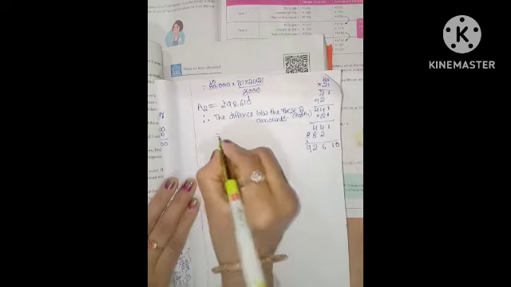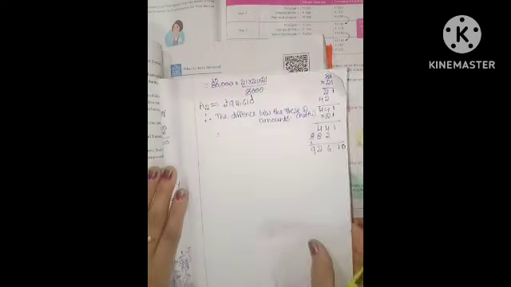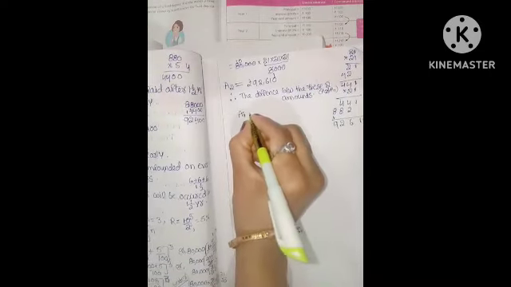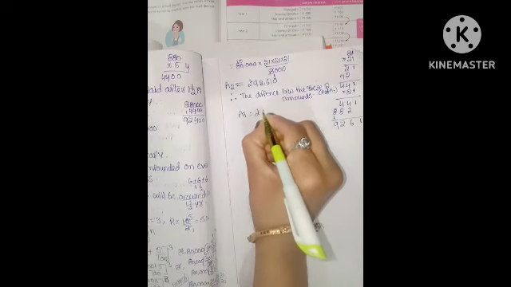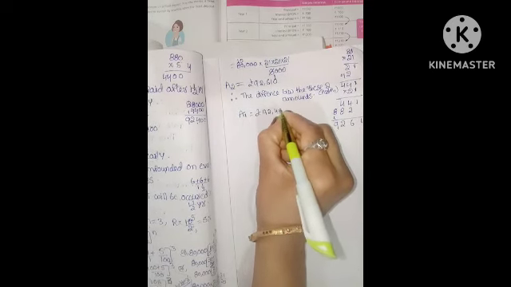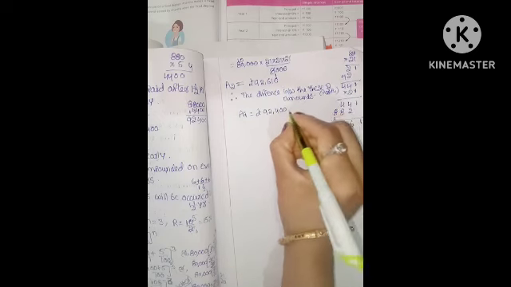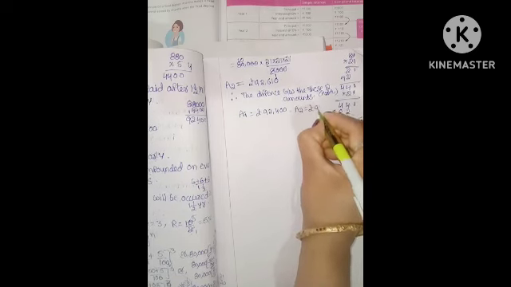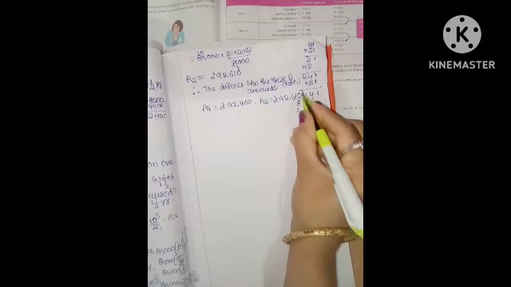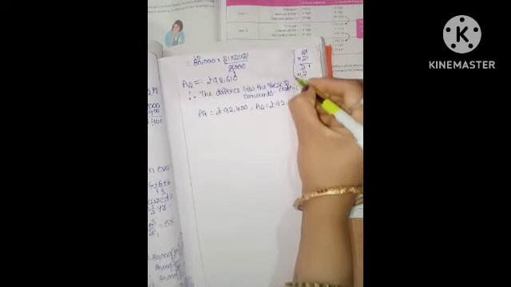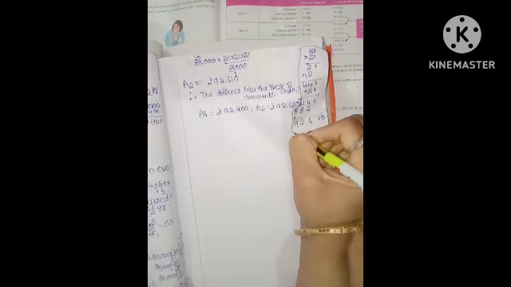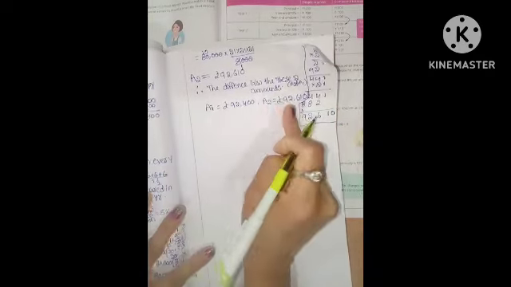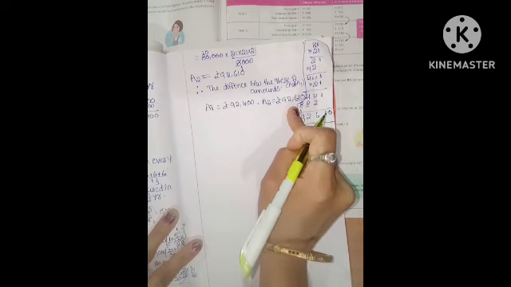Okay, so comparing A1 and A2. What is A1? Write it here: A1 equal to rupees 92,400. Next, A2 equal to 92,610 only. This is the rough calculation. Okay, which one is bigger? A2 is bigger only.